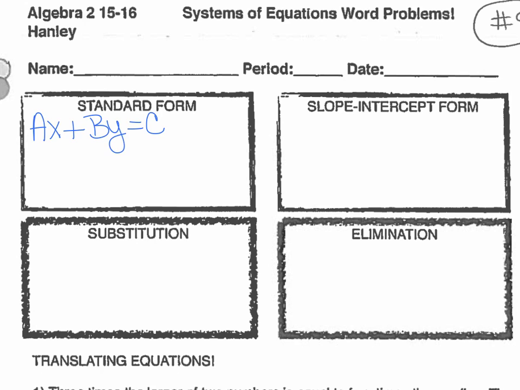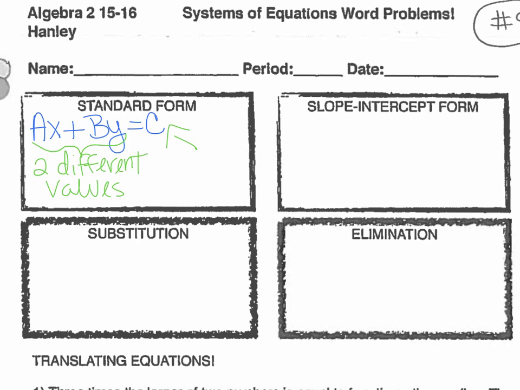So when you're given a word problem where they give you two different values or two different prices or something along those lines, if they're saying, you know, this piece costs 30 cents and this piece costs 50 cents, that's usually what your A and B will represent.